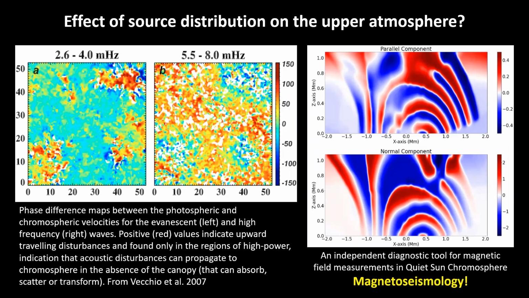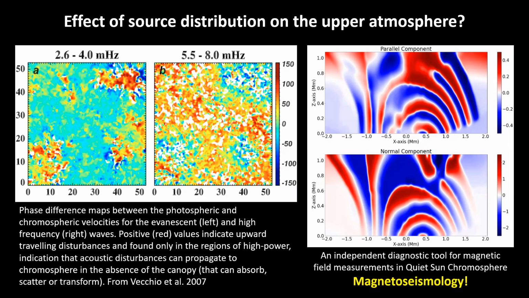We call it something like magnetoseismology, or high resolution magnetoseismology. People have done that before, but our technique would allow us to do it with higher precision and higher resolution. So I think when DKIST starts to give us really good data, we'll be able to do all of this very soon.